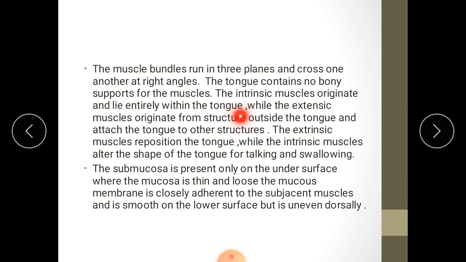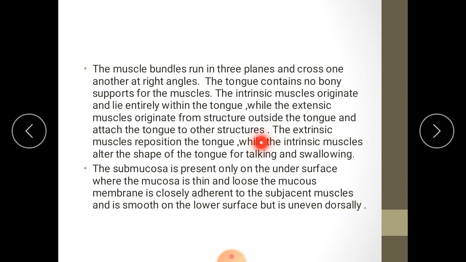These originate and lie entirely within the tongue, while the extrinsic muscles originate from structures outside the tongue and attach the tongue to other structures. Attachment of the tongue to the floor of the buccal cavity is done by extrinsic muscles.